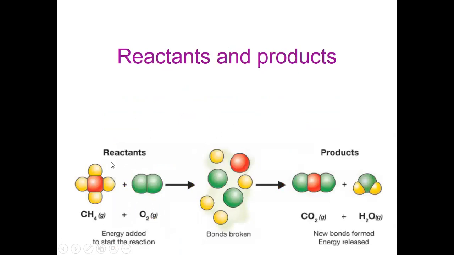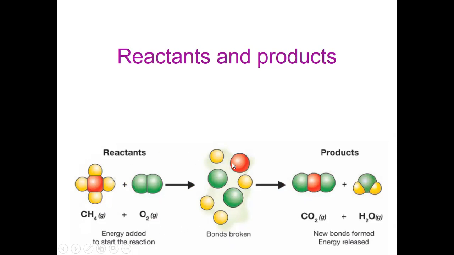Look at the reactants and the products. For example, CH4, the methane, plus O2 is burned with O2. Bonds are broken in order to rearrange in the products. Look at the bonds between one carbon here and four hydrogens there, and the two atoms of oxygen are combined to each other.